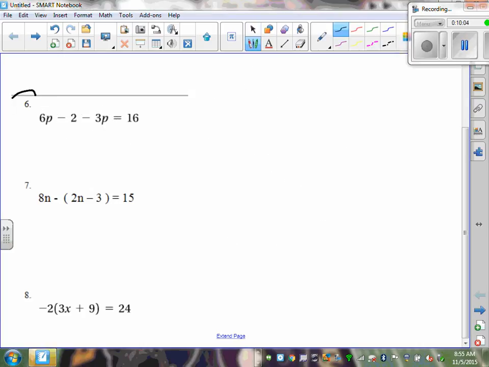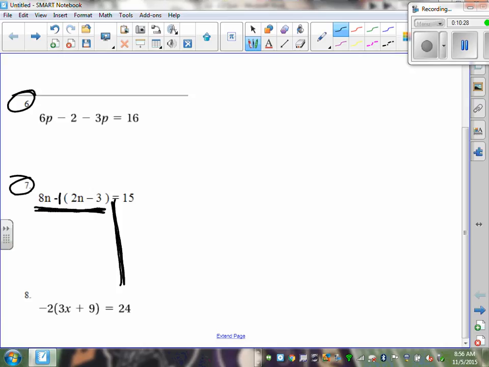Number 7. 8n minus, again, what's next to that minus sign? An invisible 1. What does that mean I need to do? Let's first make our wall and figure out which side we're starting at. All right, all the letters are over here.